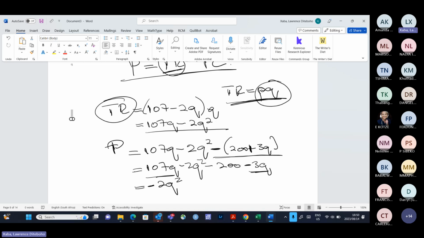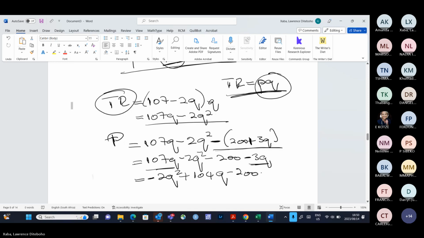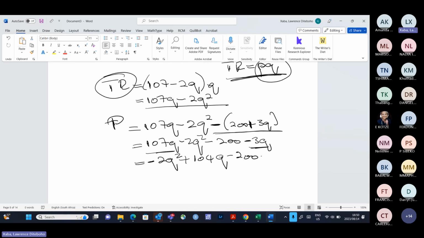So negative 2Q squared plus 107Q minus 3Q, then we have 104Q minus 200. So it means this is our function of P. P is equal to negative 2Q squared plus 104Q minus 200.